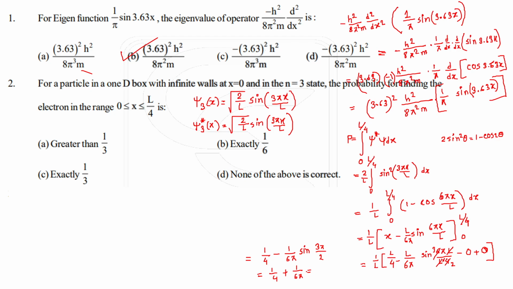Something coming as 0.30303, which is actually close to 1 by 3, right?